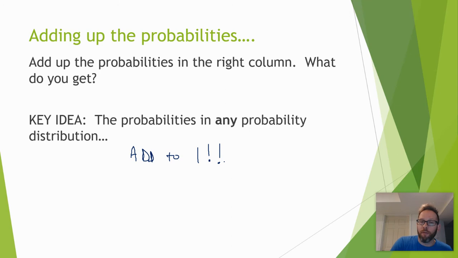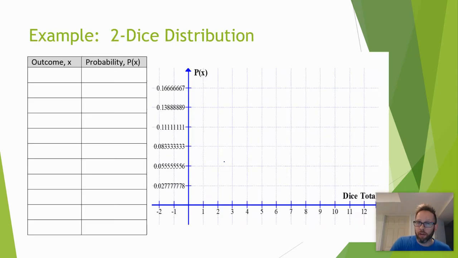All right, let's move forward with a more involved example. Let's make a 2-dice distribution. Now, you guys have already analyzed the probabilities of rolling 2 dice, recording the total. The possible totals are 2 to 12. So I'm just going to list them here. 2, 3, and so on.